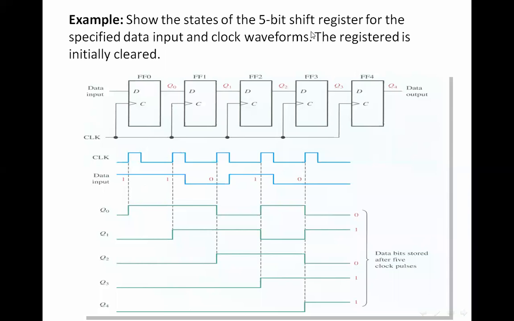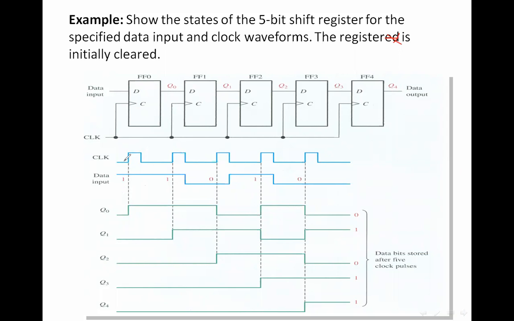Show the states of the 5-bit shift register for the specified data input and clock waveforms. The register is initially cleared. So what is the data that we are giving here? 11010. So we will see now how this data gets passed from one point to another point.